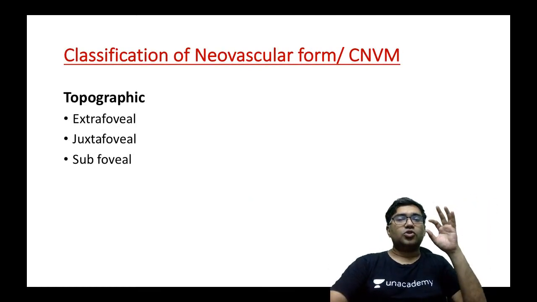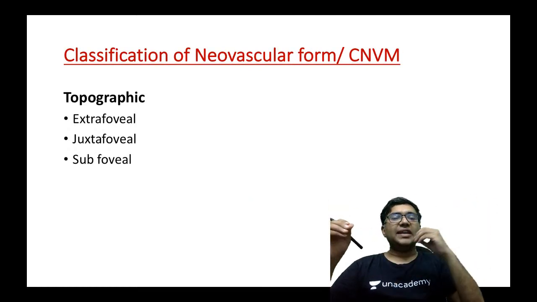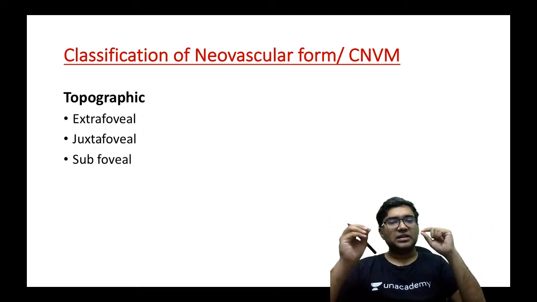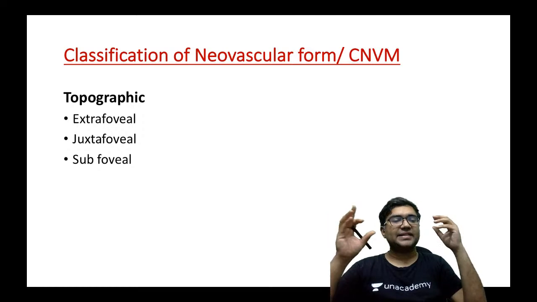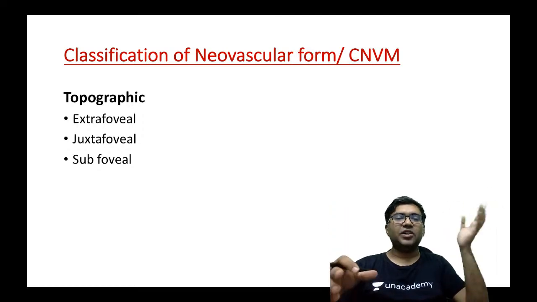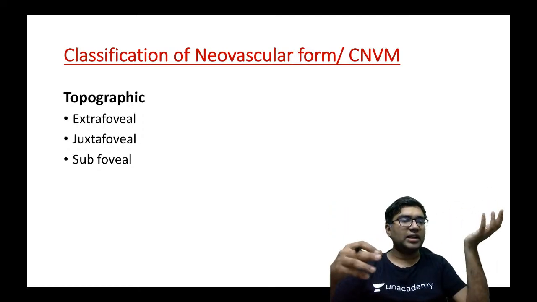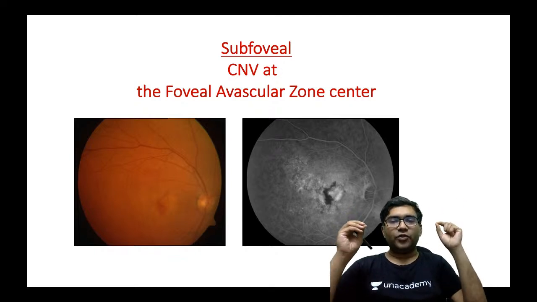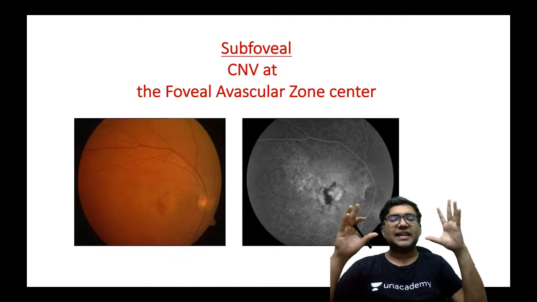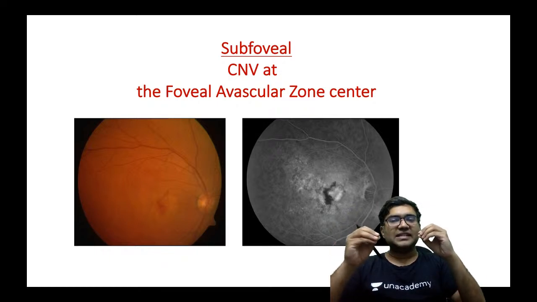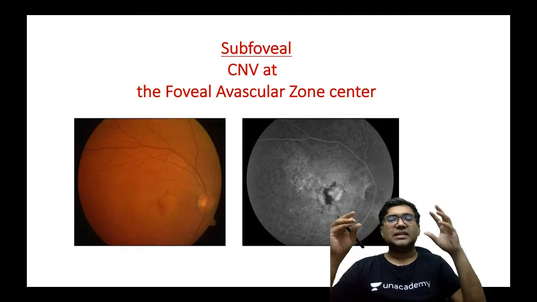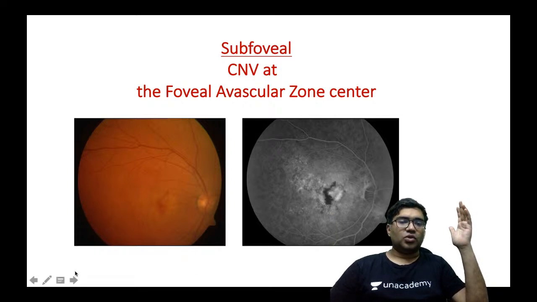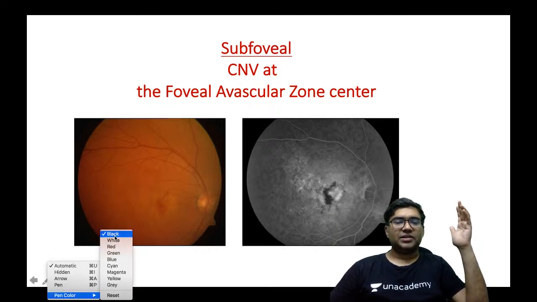Okay. So the wet ARMD is basically divided into three forms: extrafoveal, juxtafoveal and subfoveal. What is the meaning of extrafoveal, juxtafoveal and subfoveal? Subfoveal, if you can appreciate here, is in the center of the fovea, where the vessels are beneath the center of the foveal avascular zone.